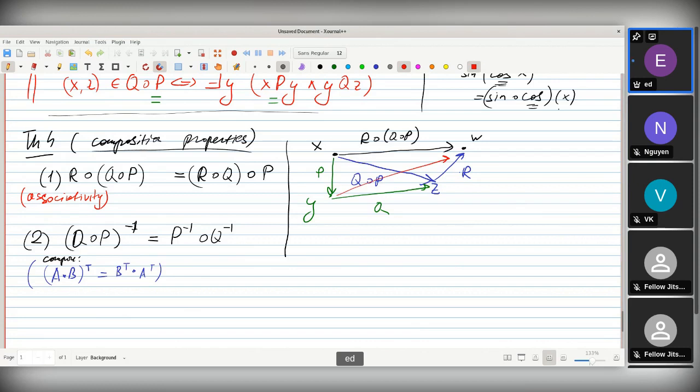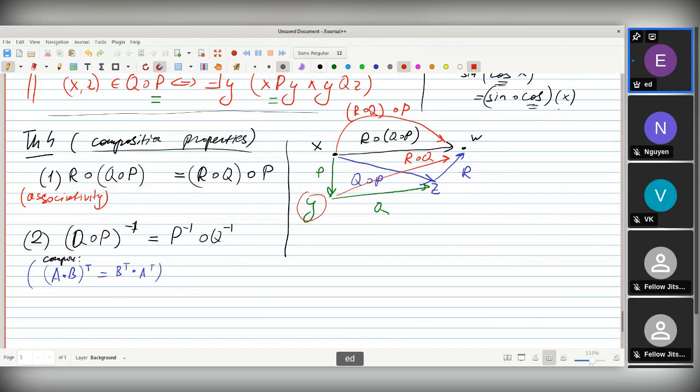First from Y to Z, Y Q, and then from Z to W, Y R. So here it is. That means that there is a change point such that we can move from X to this change point Y. First Y P, and then Y Q composition R. We can move from Y to W.